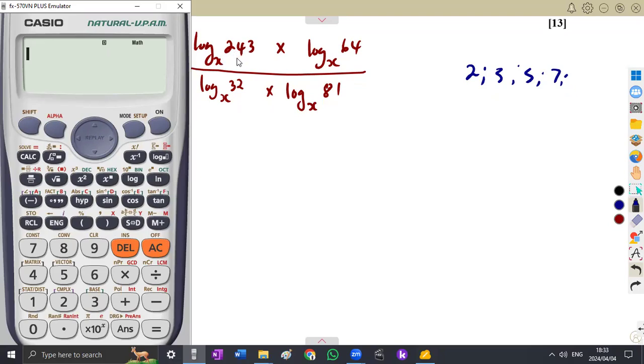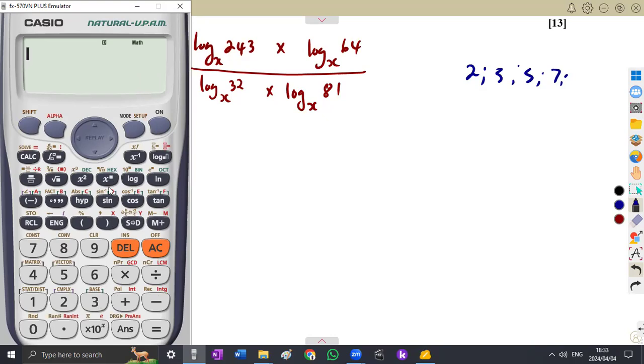All right, so this is what you try. 243. There I can't try 2, guys. To get 243, there is a 3 there, a 3, a 3, a 3. So 2 cannot work. So you try a 3, 3 to the exponent of 1, 2, until you get 243. You are going to see that you get this at 3 to the exponent of 5.